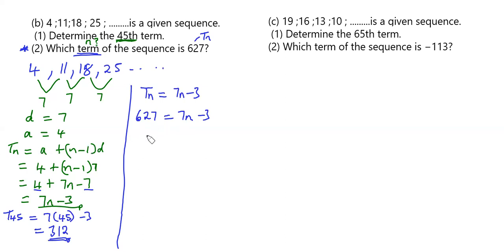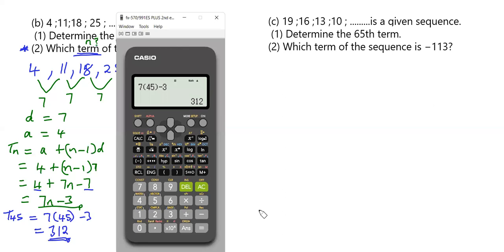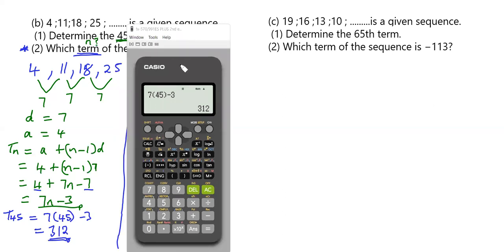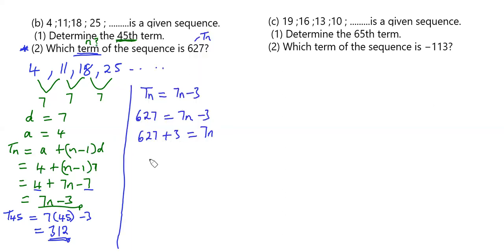Let's see what we have here. We take the 3 that side, and when it goes that side it's going to be positive. So 627 plus 3 is equal to 7n. 627 plus 3 is going to be 630. There's no need for a calculator for that one.